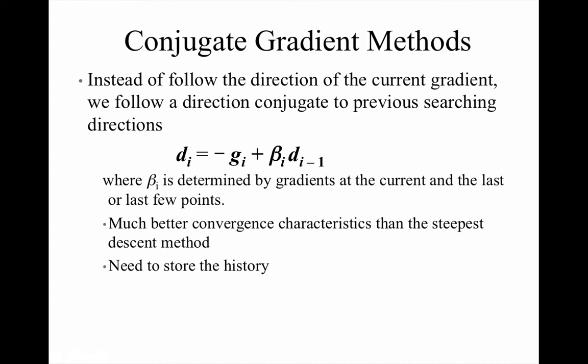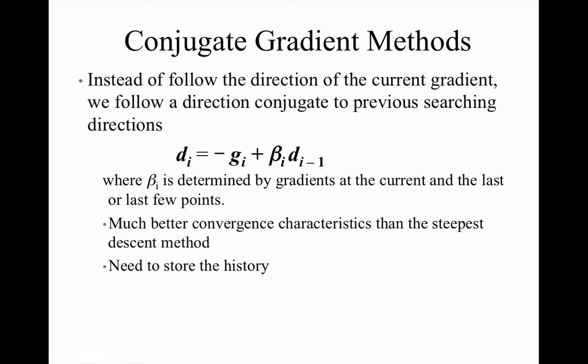Mathematically, this turns out to have a much better convergence than the steepest descent method, meaning that we need to take fewer steps in order to reach the energy minimum. Thereby, we can actually arrive at the energy minimum faster than we can by using the steepest descent method. A minus with this method, of course, is that we need to store the history of our movements on the potential energy surface, but really this is only a vector that needs to be stored, so this is not very memory consuming.